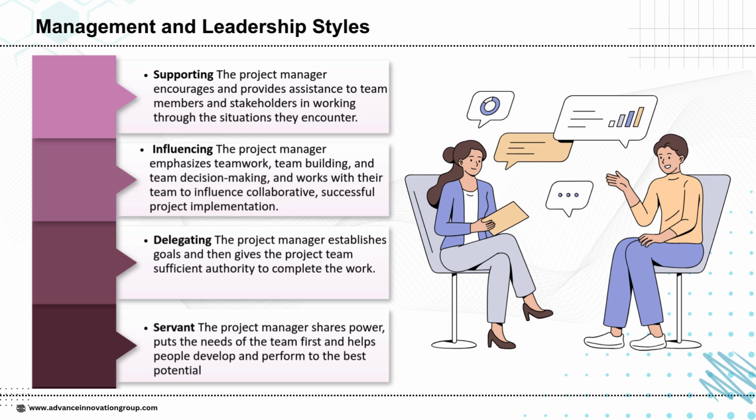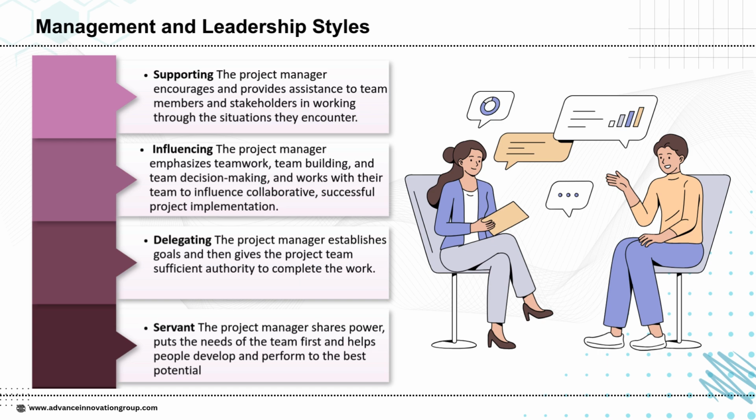Next is delegating, where the project manager sets clear goals but gives the team the authority and responsibility to complete the work. This style builds accountability and empowers the team to take ownership of results. The servant leadership style is all about putting the team's needs first.